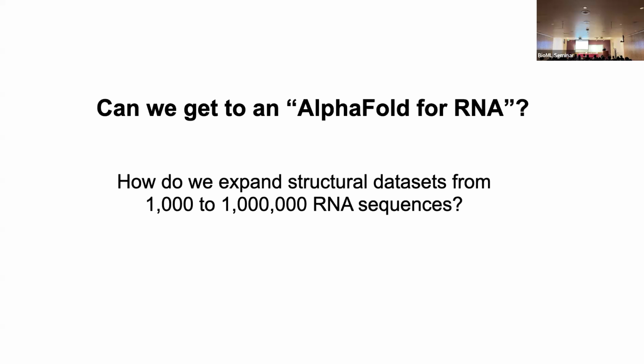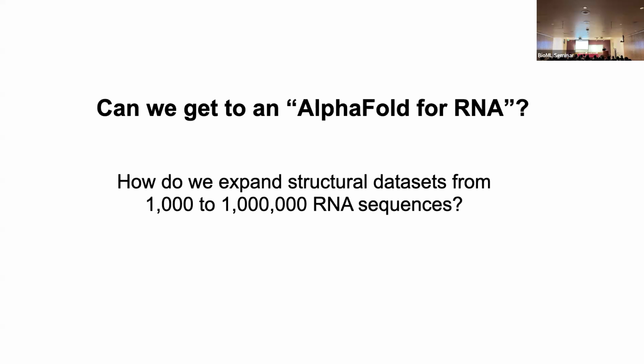So I think what a lot of us have been hoping for is some way to expand the structural data set. Although there have been advances in accelerating experimental techniques like cryo-electron microscopy, some of that coming from my lab, we're now able to solve tens of structures at once for a study, but not hundreds of thousands or millions.